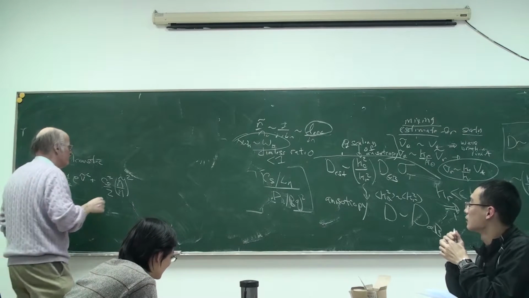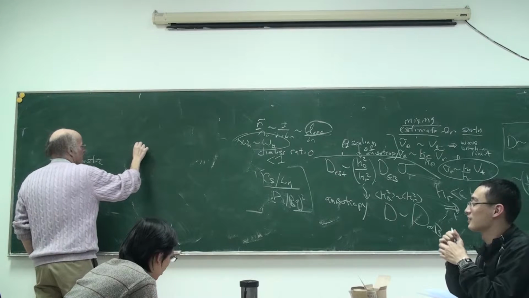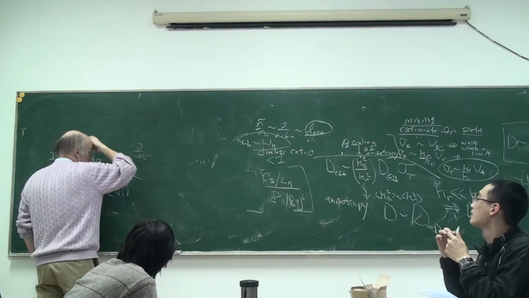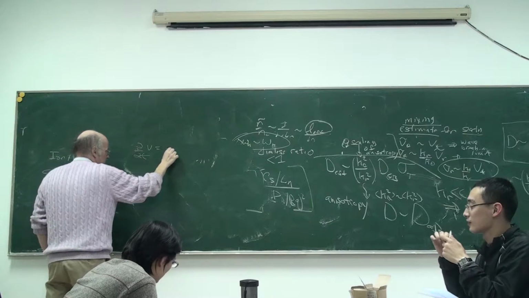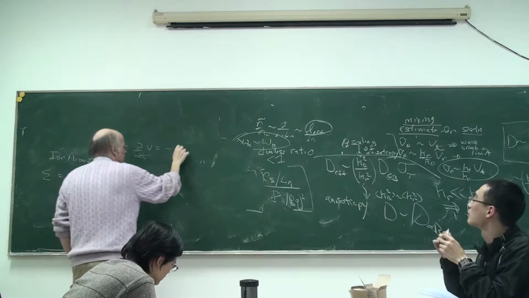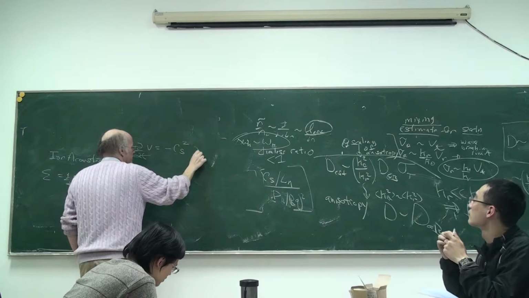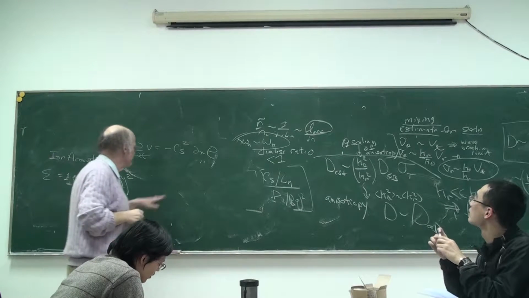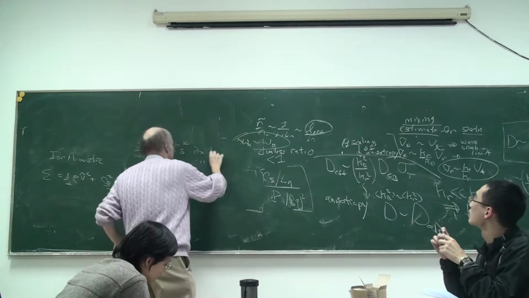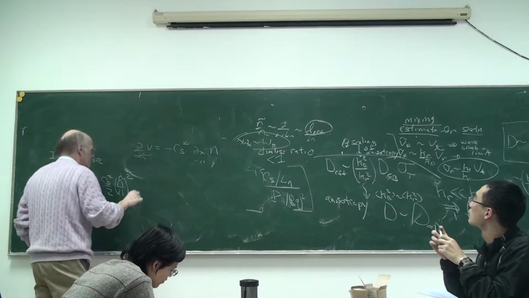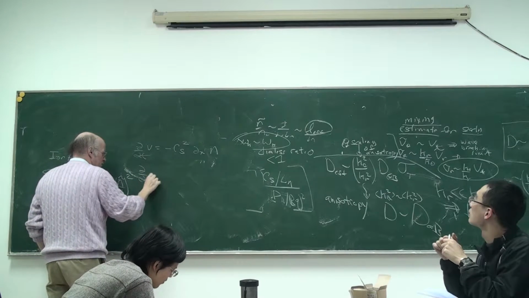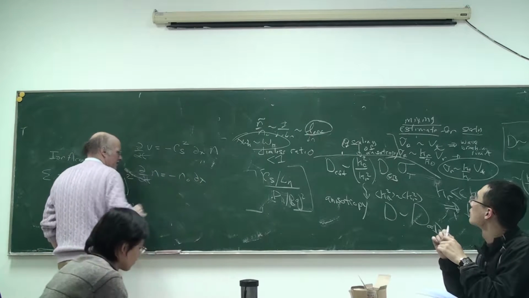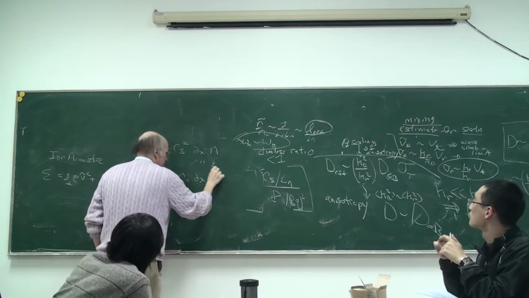If you write the equations of motion, you'd have d by dt of v equal to something like c s squared times d by dx of rho, and you might absorb n or things like this. You would also have a density equation, d by dt of n, which in 1D would be something like d by dx of v.